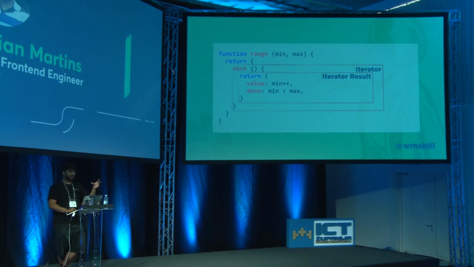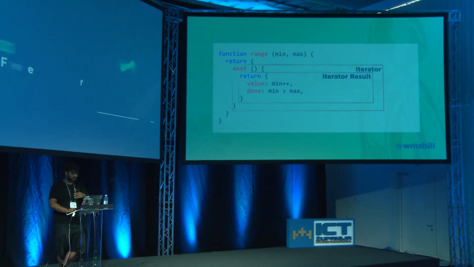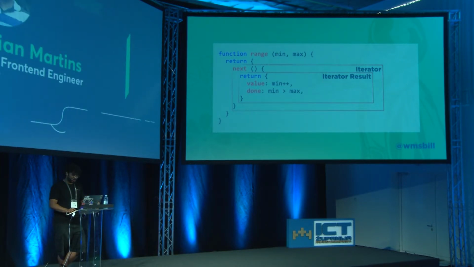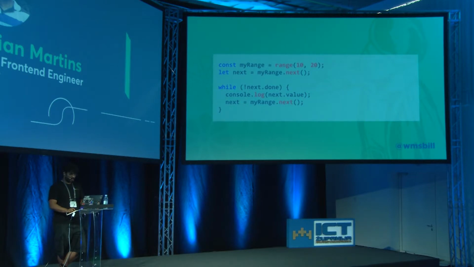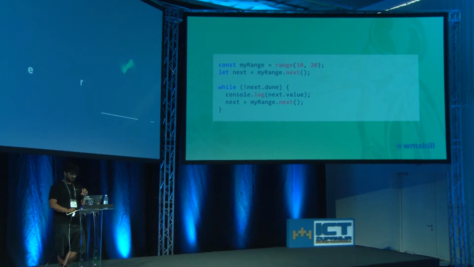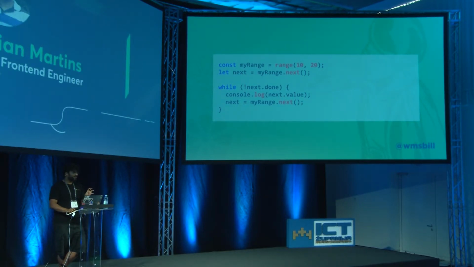You give a min and max value, and then it starts to produce numbers from this min to the max value. And here is an example of how I can use this. Note that since this is not yet iterable, I have to use this funny while loop to traverse over this data.